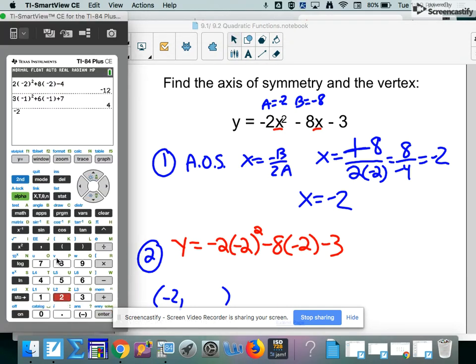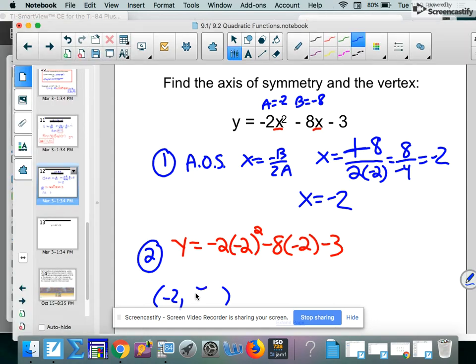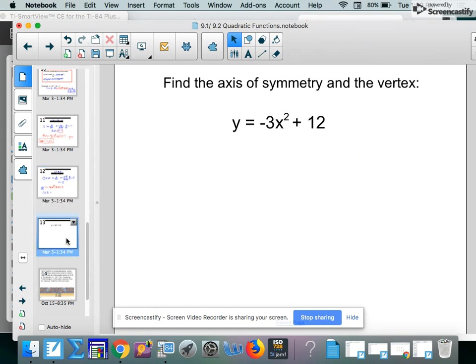So -2, parentheses, -2 squared, minus 8, but then that's times -2, and then -3 at the end, and you get 5. If you're not getting that, watch your minus and your negatives. It does matter which one you're using in your calculator. So your vertex is at -2, 5.